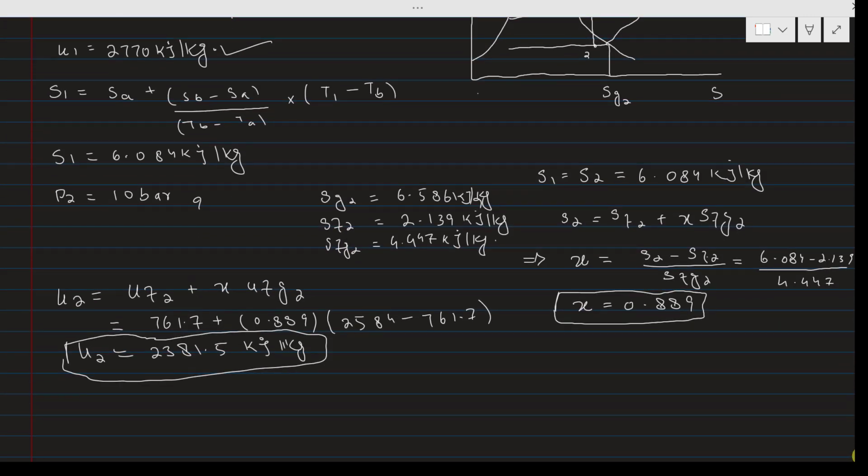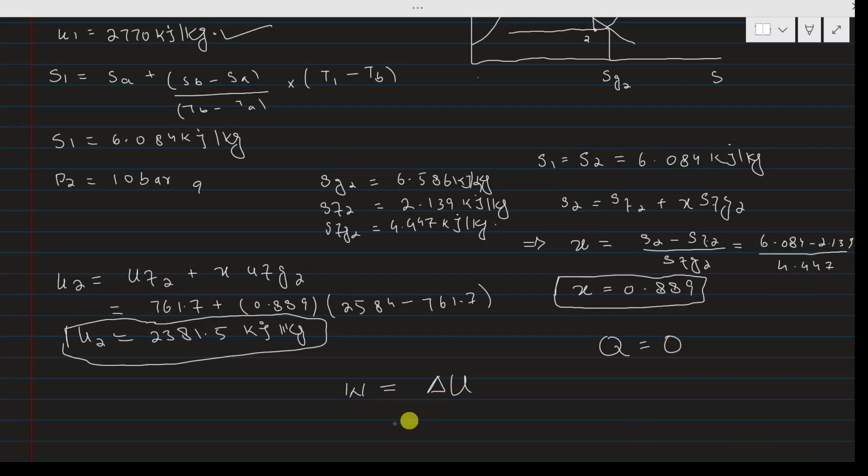Next we need to find the work done by the steam during expansion. It is equal to the change in internal energy, because in an isentropic process there is neither heat addition nor heat rejection, so the heat transfer is 0. So the total work will be equal to the change in internal energy, that is U2 minus U1.